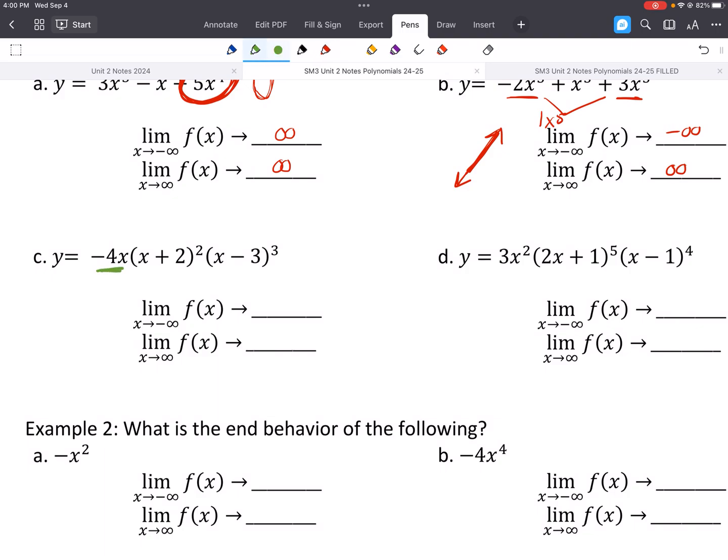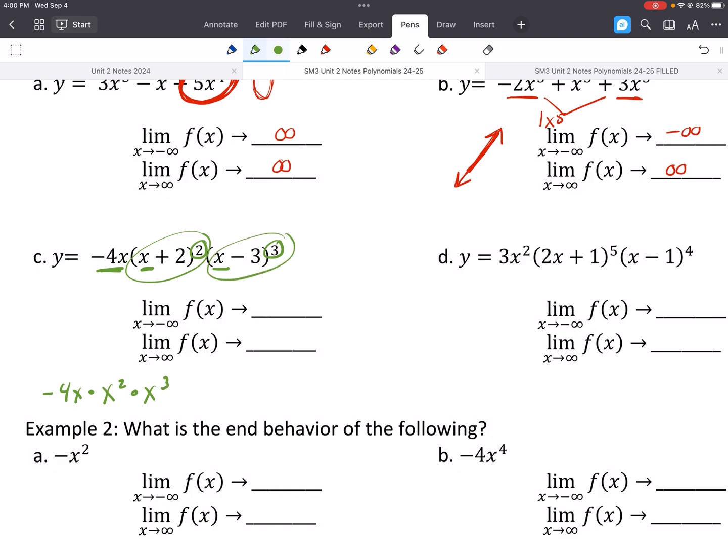All right. And then now these are in standard form, so we need to find the leading term. So again, we multiply the highest terms in each factor. So we need to multiply negative 4x times x squared, so that's from here, and then times x to the third.